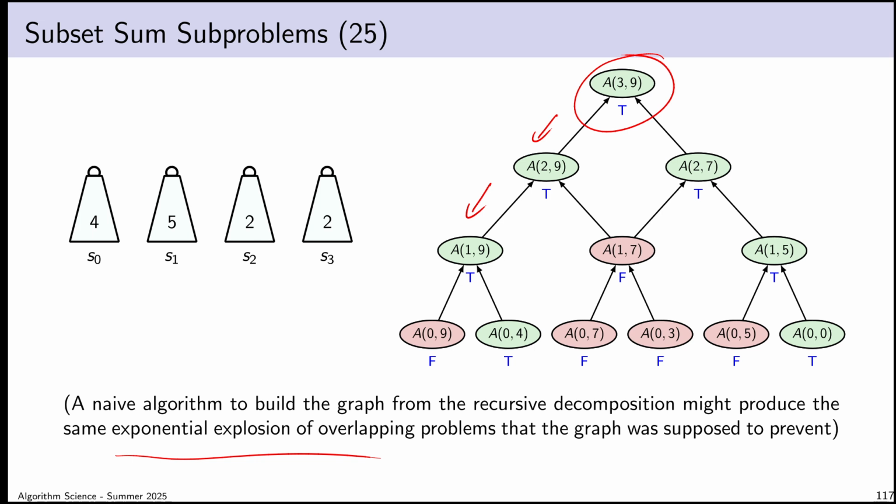I have to be very careful, for example, not to create the node A17 any more than once, because if I do, then I've got the same problem I had with my initial recursive Fibonacci algorithm. So what this is telling us is that creating this graph is possible, but it might not be ideal if there's any way I can avoid it. And I want to be careful with this point, because there is a way of constructing the graph without the exponential explosion. It's just that I have to be very careful about doing it.